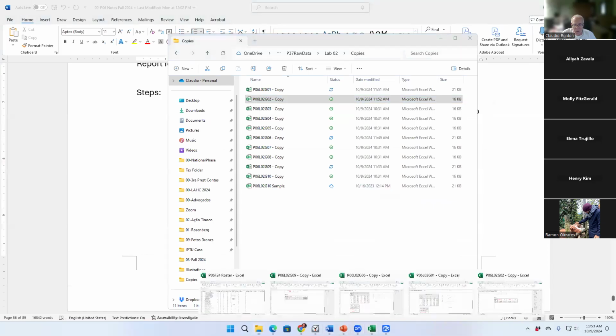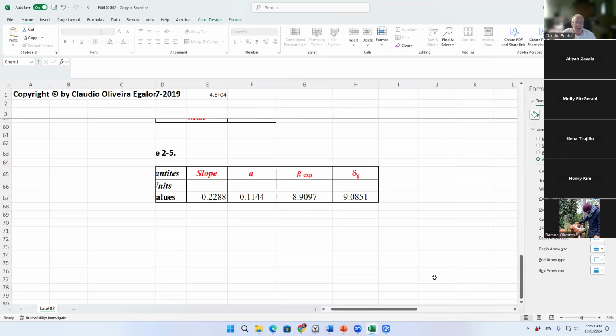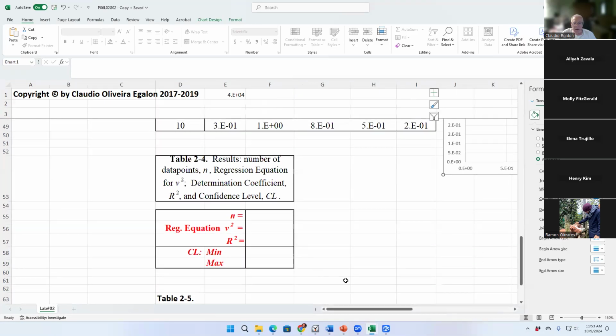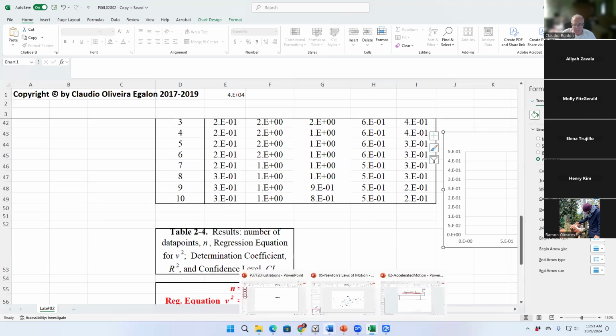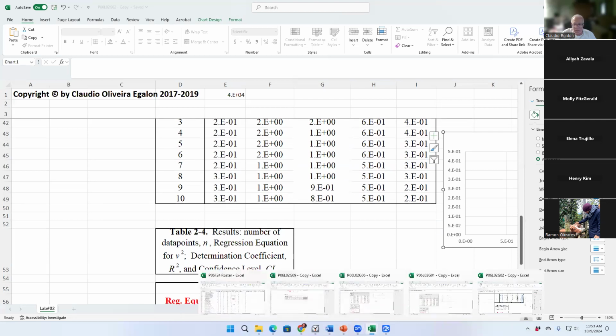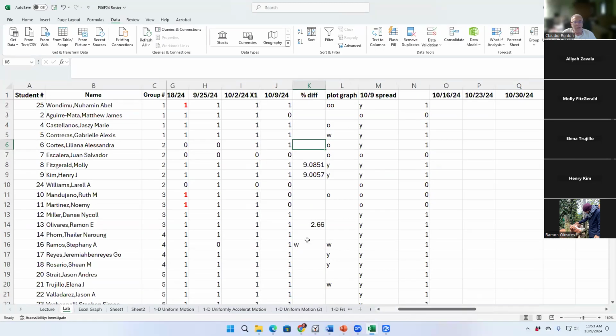Yeah, my data matches yours. Okay, good. So interface with Henry and see why he's getting this small difference. It might be something silly, and you'll be able to find out. Investigate the reason for this discrepancy.